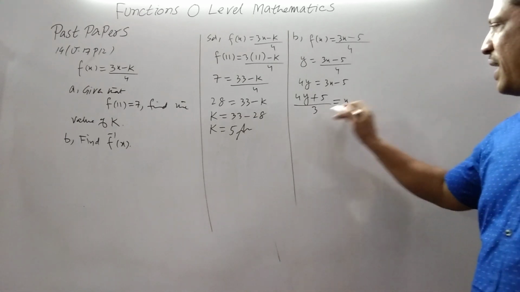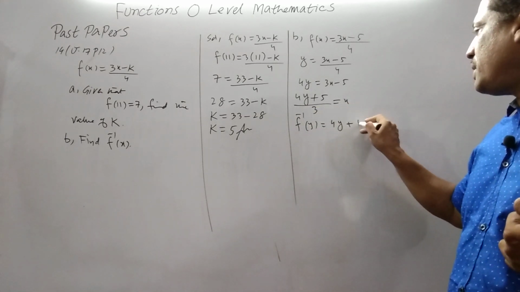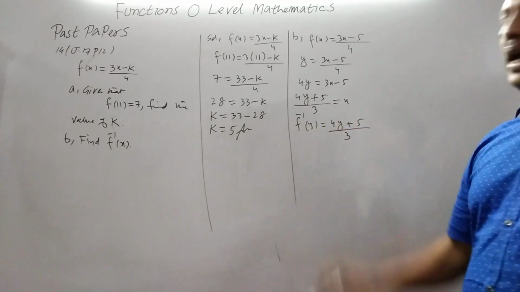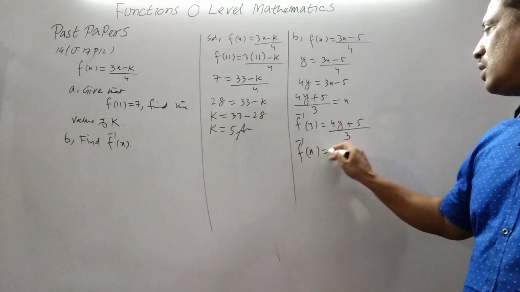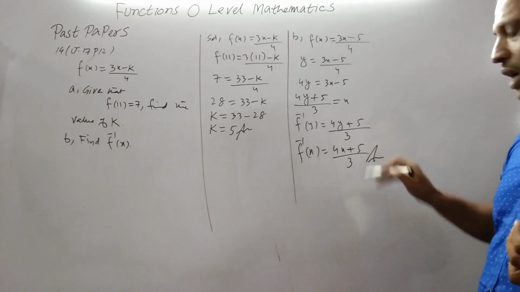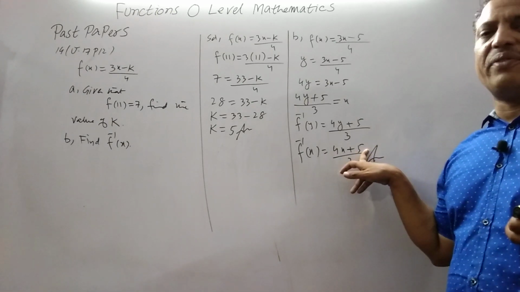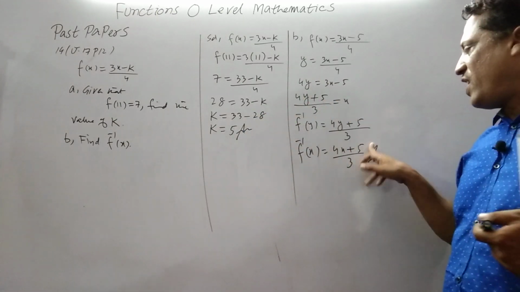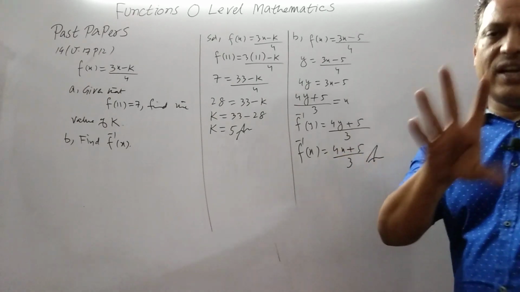Replace this x by f inverse y, which is (4y + 5)/3. And finally replace y by x: (4x + 5)/3. Answer. But if you keep k in the question and don't write 5, and you keep writing (4x + k)/3, again you will get full marks.